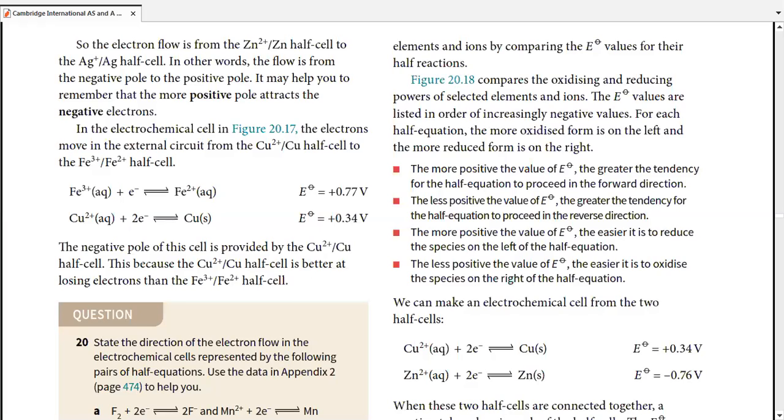And as we have told before, electrons move from the negative to the positive pole, hence from the copper half cell to the iron half cell.